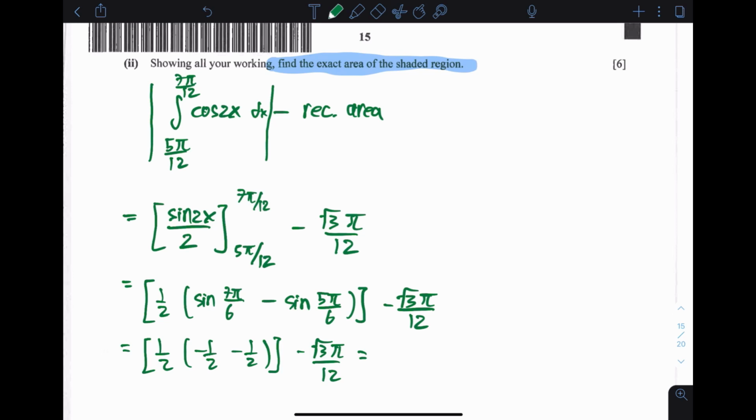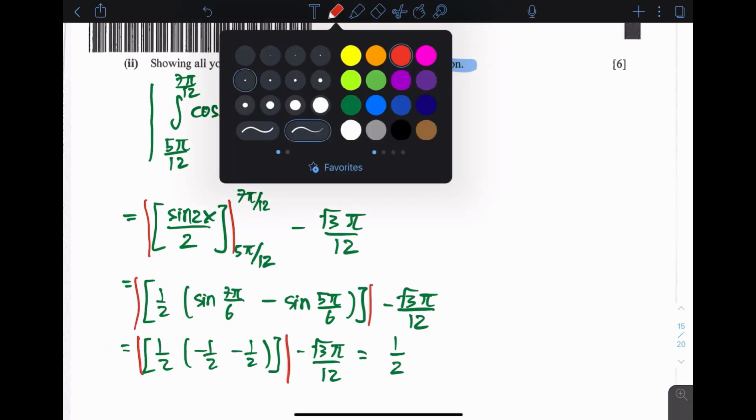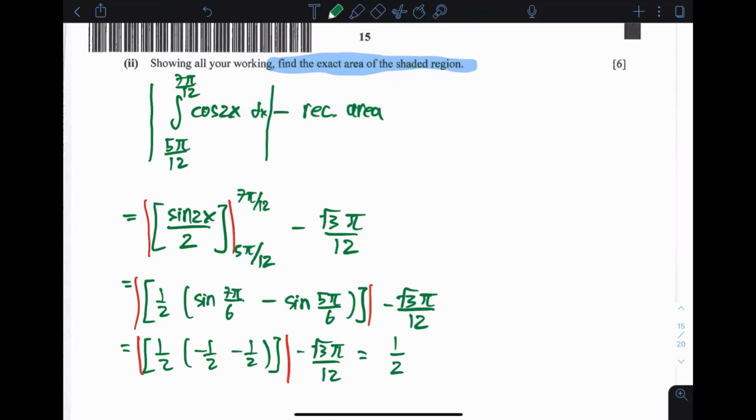Negative 1 times half is negative half. But there's a modulus here, don't forget, so you get positive 1 over 2. Maybe I'll highlight it with the red color, modulus and everything, except the rectangle of course. So half minus root 3 pi over 12. That should be the answer.